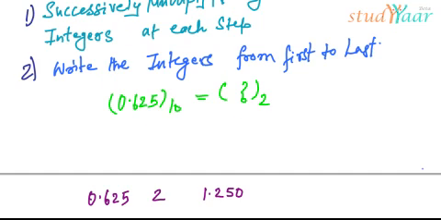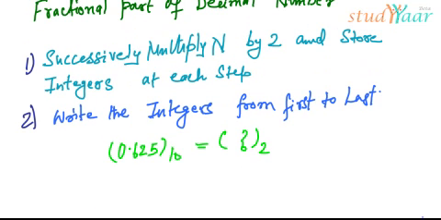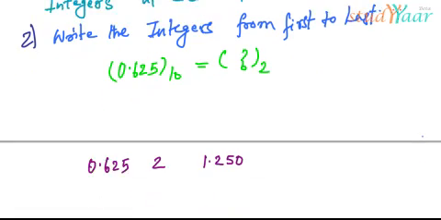Let me have my number over here, 0.625. Multiply it successively by 2. What do I get? 0.625 into 2 is 1.250. My step says successively multiply by 2 and store integers at each step.